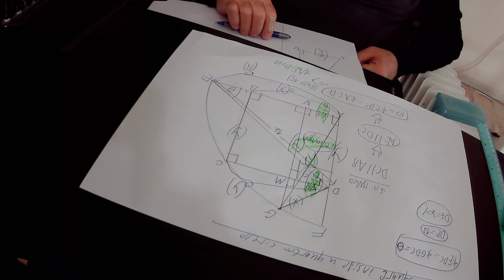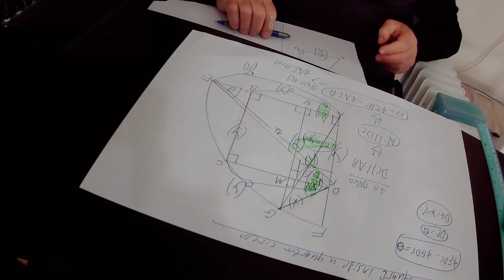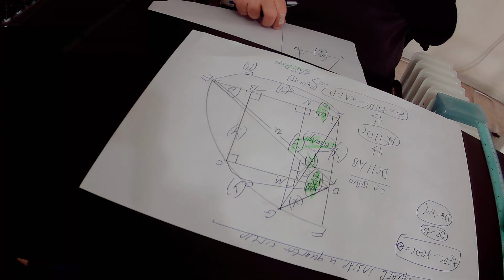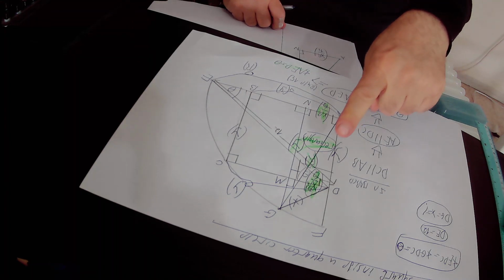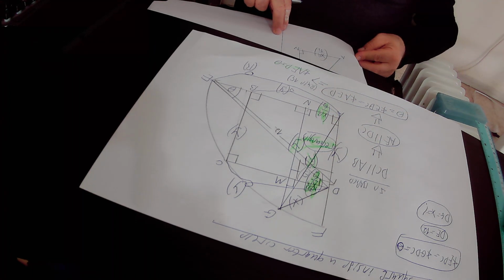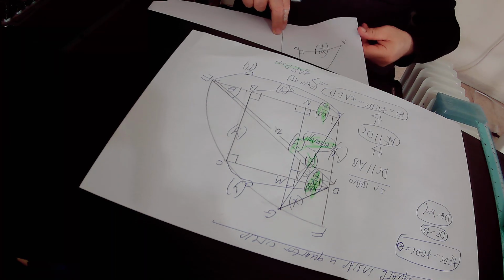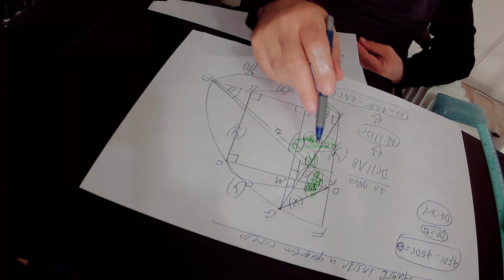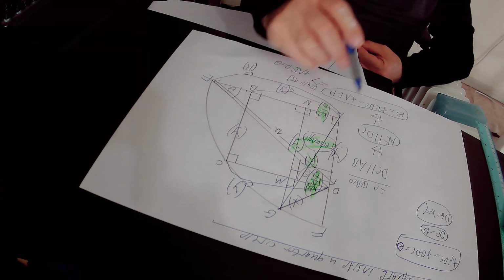But before that, we will return to our right triangle GDM, and we will implement the Pythagoras theorem. We will continue to analyze this right triangle GDM.